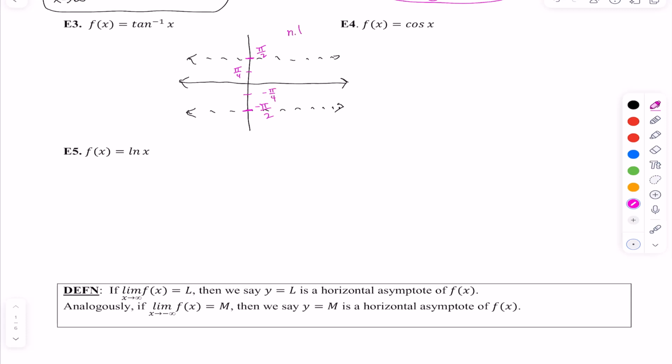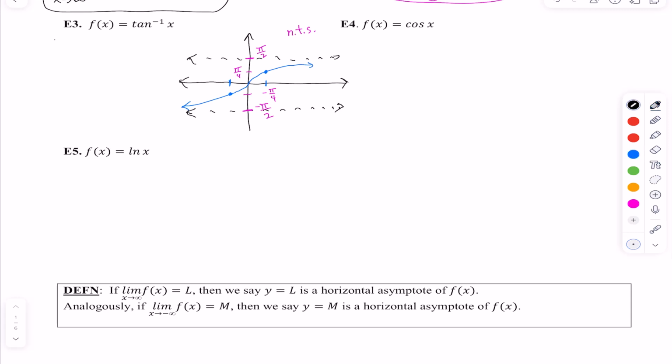I'm going to use NTS here. NTS stands for not to scale. And so there are the outputs for the inverse tangent function.